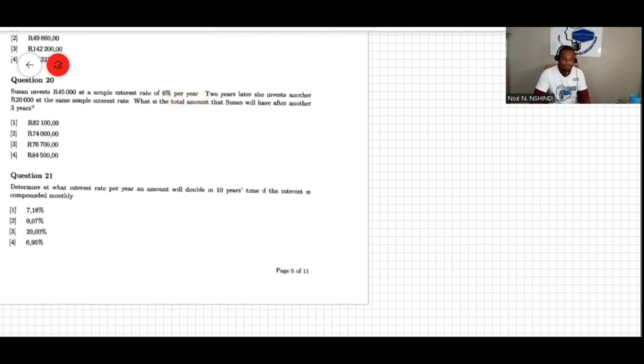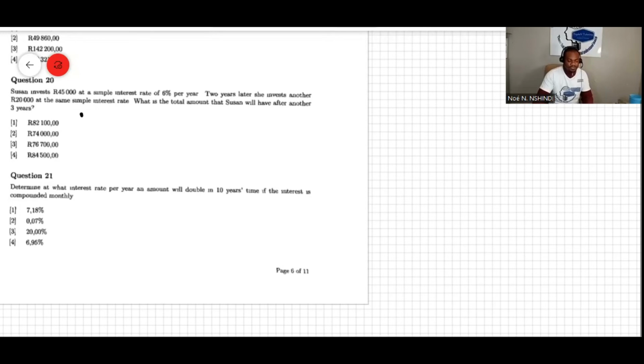For the 45,000, if you understand the question well, 45,000 rand earns 6% interest over 5 years, because here it says 2 years later, she invested another 20,000 at a simple interest rate, and then asks what the total amount is after another 3 years. So the 45,000 has the benefit of 5 years interest.